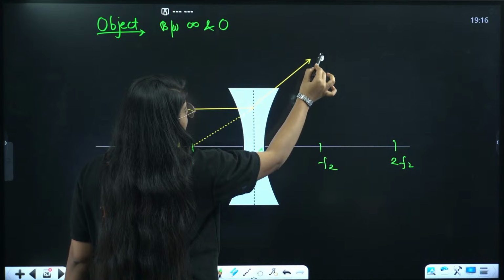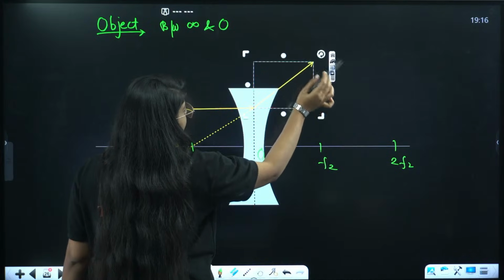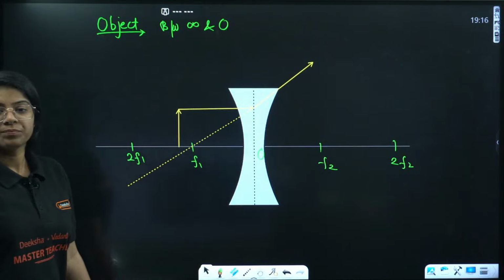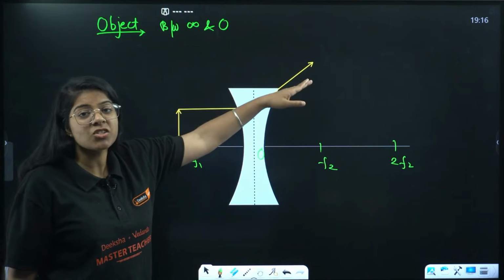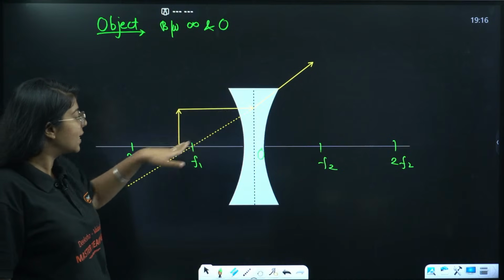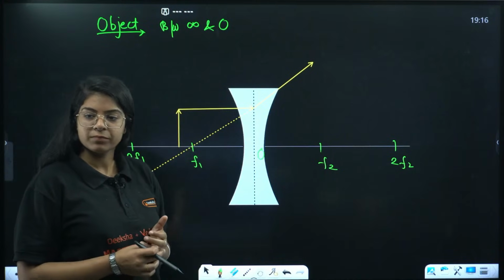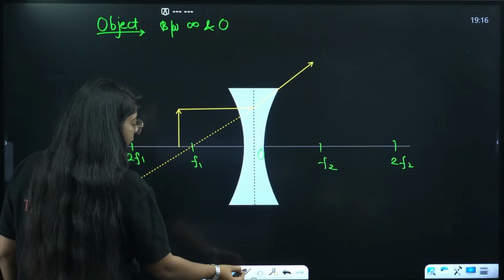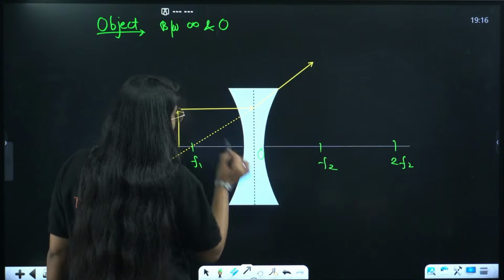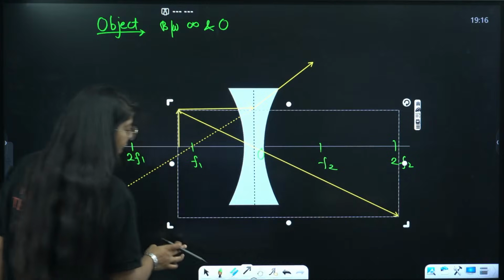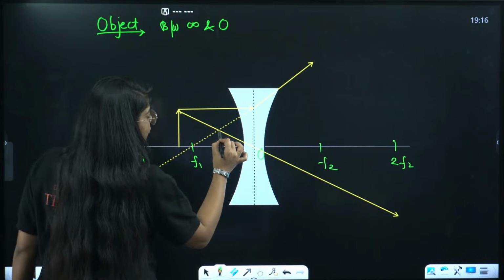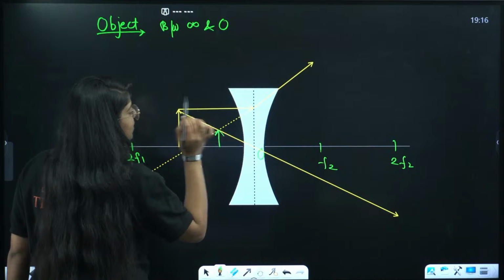Right? Now it is correct. Is it correct? One ray going parallel diverges in such a way that it looks like it is passing from the focus. Done? Then another ray simply goes through the optical center, and where these two rays meet, this is my image.